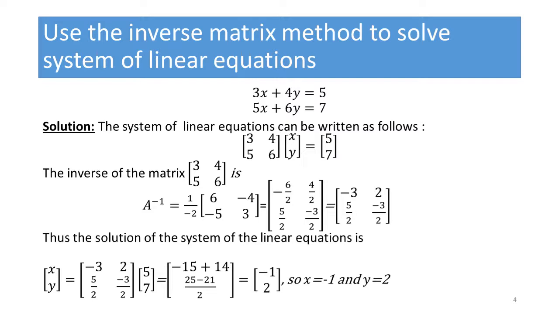So that is x, y equal to minus 1, 2. So now the value of x is equal to minus 1, the value of y is equal to 2. So now we got the value of x and y. This is how we solve the system of linear equations by using the inverse matrix method.